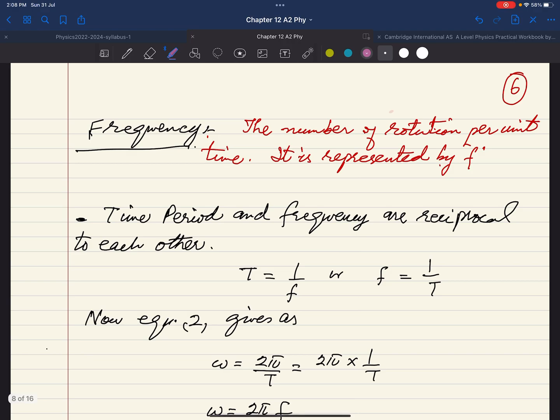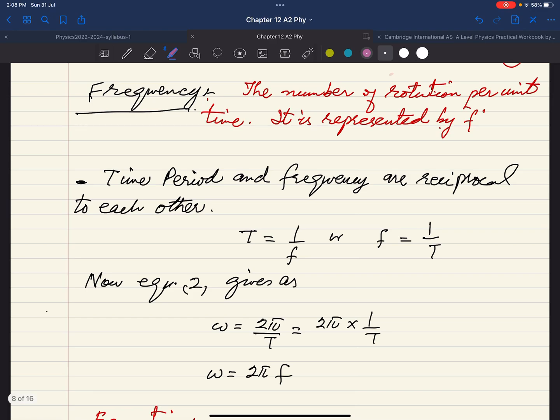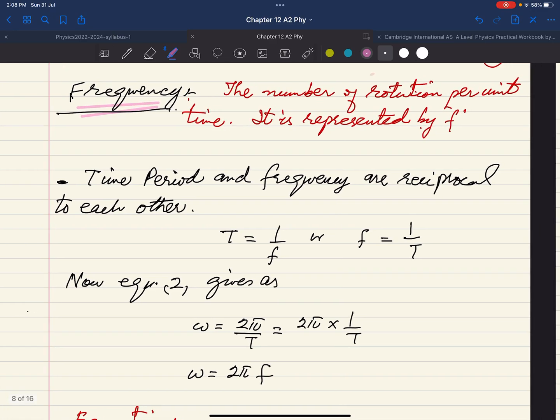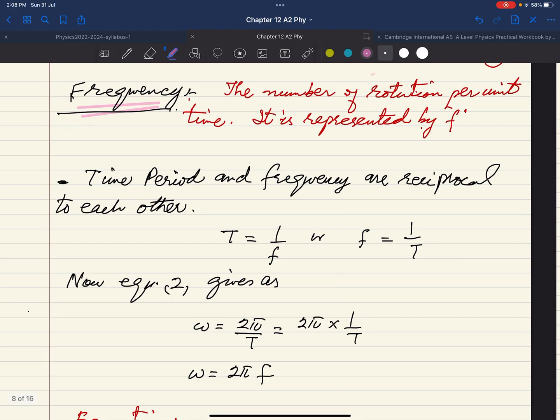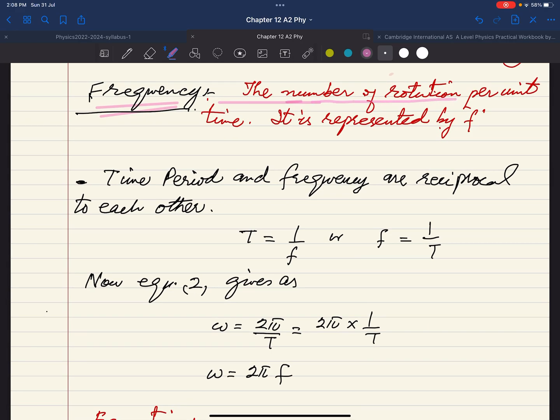Then again a very simple continuation, after time period we have another quantity which is frequency. The number of rotations or revolutions per minute or per second, any unit per unit time, will give you the frequency. So the number of rotations or revolutions per unit time will be the frequency.